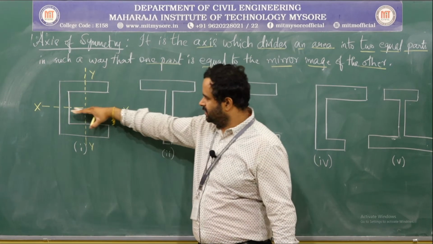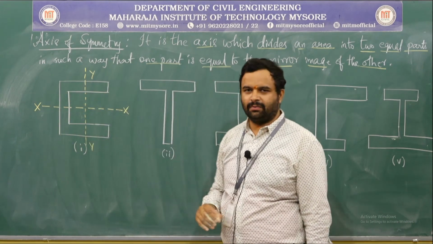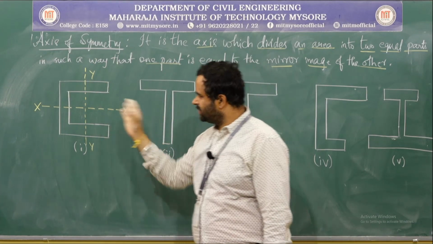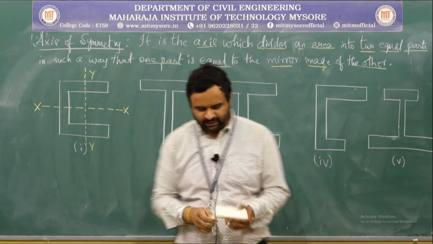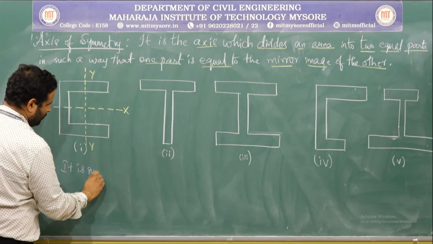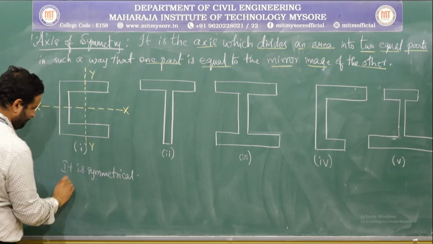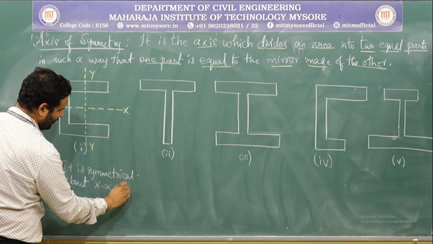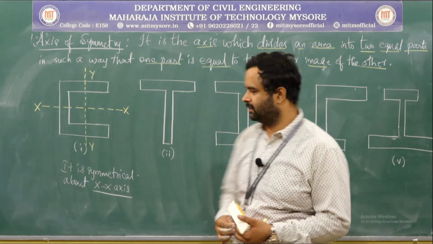Because if you cut it along x, one part is equal to the mirror image of the other, but if you cut it along y axis, you will not be getting the same mirror image on both the sides. So, in figure 1, we can say it is symmetrical about x axis only.